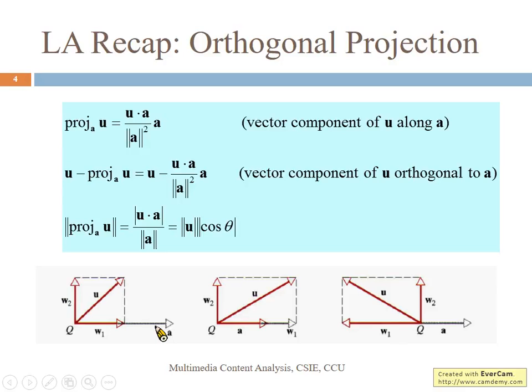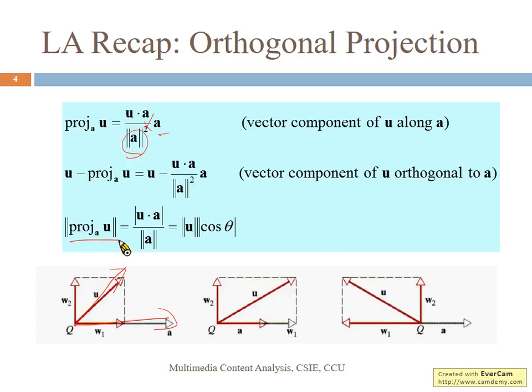This slide is from linear algebra class. Let's recap: when we want to project a vector u onto another vector a, how can we do that? The projection of u on a is the inner product between u and a, divided by the square of the norm of vector a, and then multiplied by a.